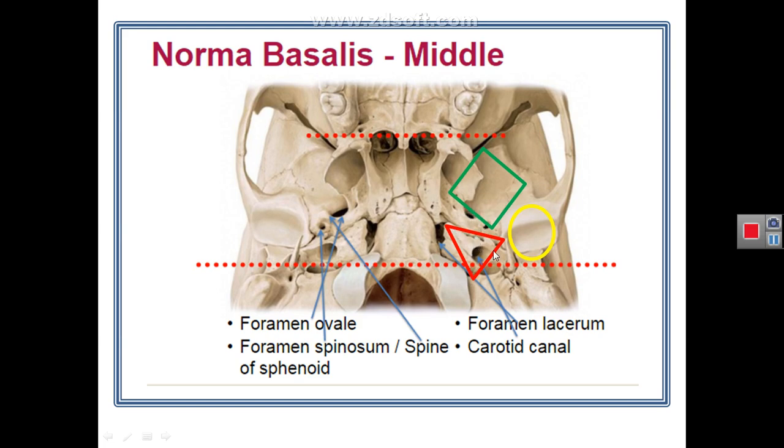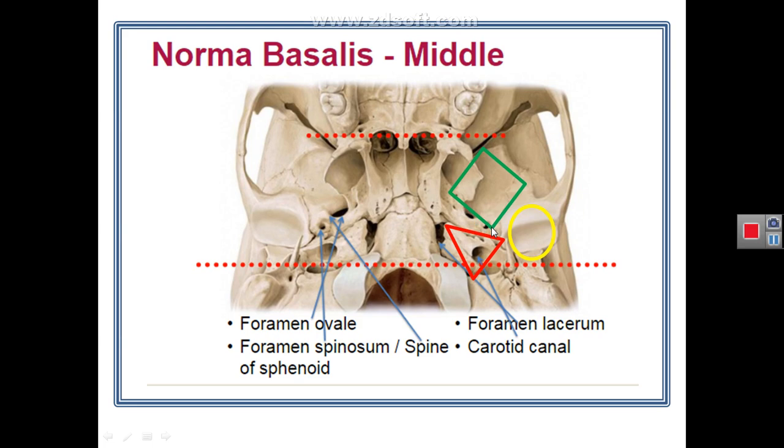The triangle is part of the petrous temporal bone, which is one part of the temporal bone. So the posteromedial border of the diamond is the junction with the triangular petrous temporal bone. You can see that this posteromedial border shows two foramina: an anterior big foramen ovale, and behind it a small foramen spinosum.